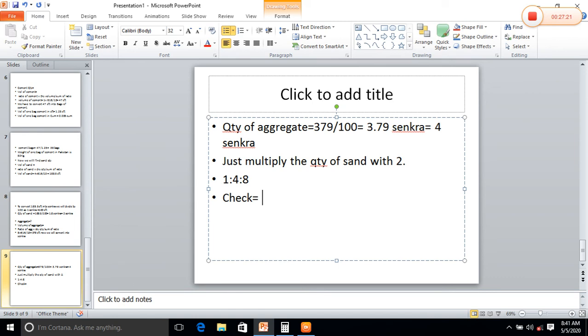We will take the total quantity, which is equal to cement quantity plus sand quantity plus crush quantity or aggregate quantity.